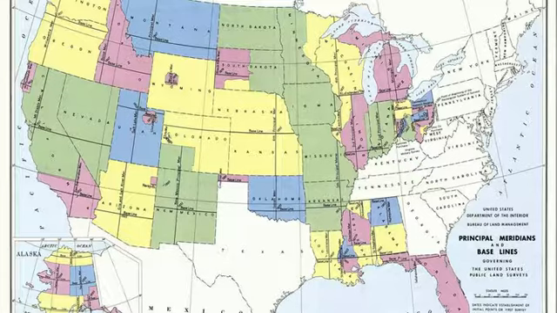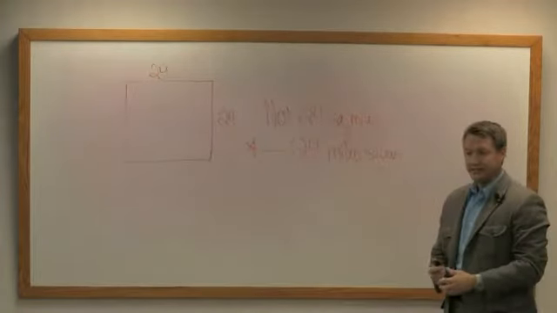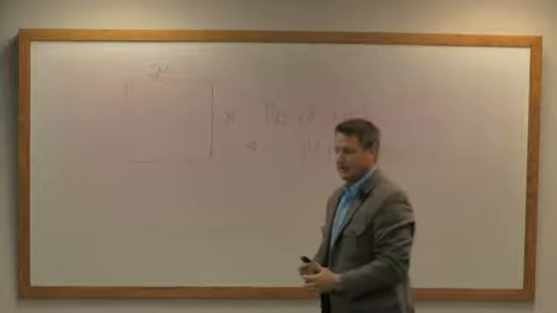It's 24 miles square. Because it's 24 by 24. That's what a check is. It's 24 miles by 24 miles.